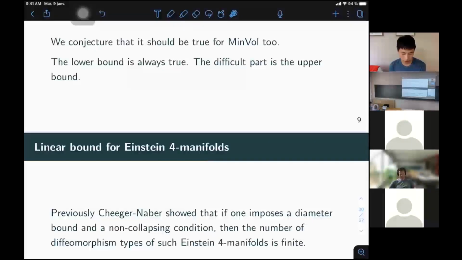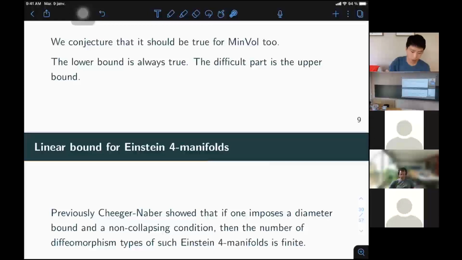Previously, Cheeger and Naber showed that if you impose a diameter bound and, more importantly, a non-collapsing condition, then the number of diffeomorphism types of such Einstein 4-manifolds is finite.